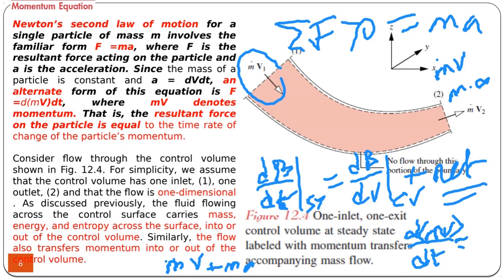So if you have an incoming momentum flux, meaning that momentum per unit time is m dot v1 at the inlet, and if you have a momentum flux at the exit, then together with the forces acting on the control volume, it must satisfy the linear momentum equation or Newton's second law of motion.